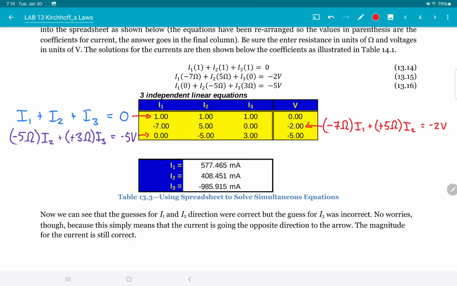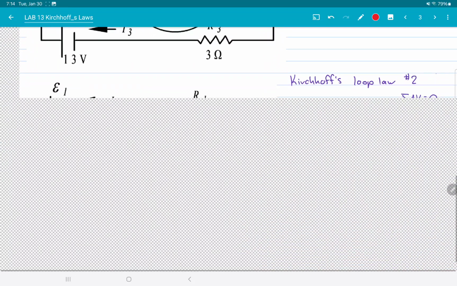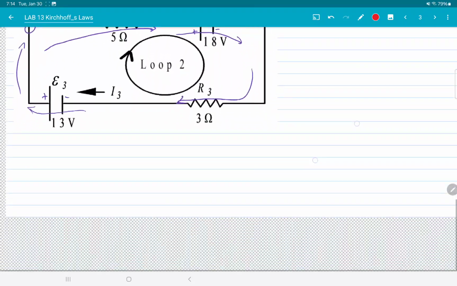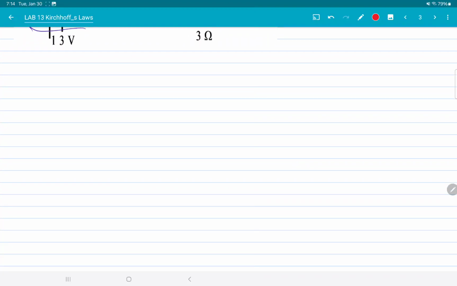Now, if we were going through and working these kinds of problems out for ourselves, how would you do it? If you were having to not rely on an Excel spreadsheet to do the calculation for you, how would it work? Well, we would start off with our I1 plus I2 plus I3 equals 0.